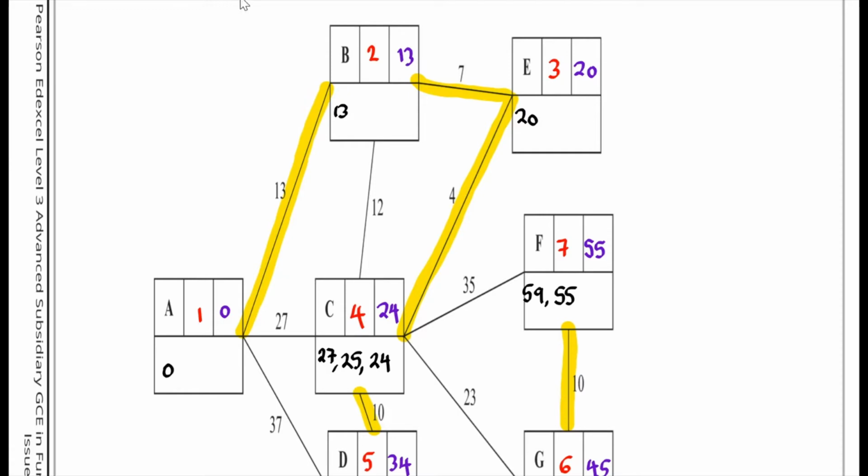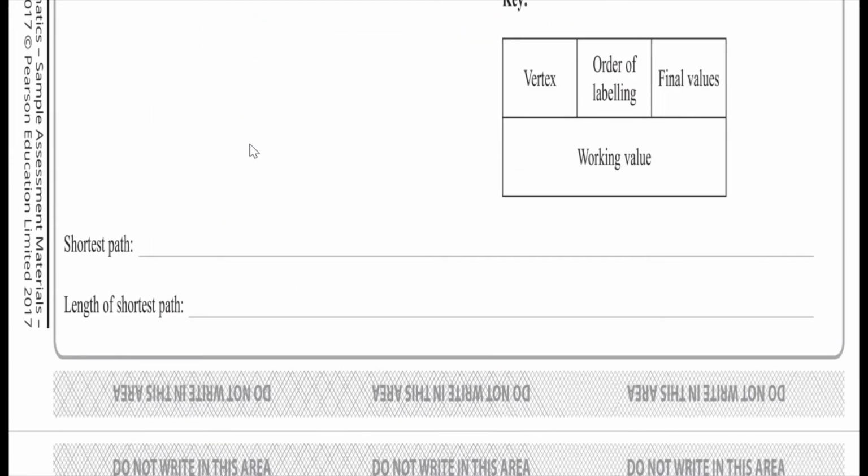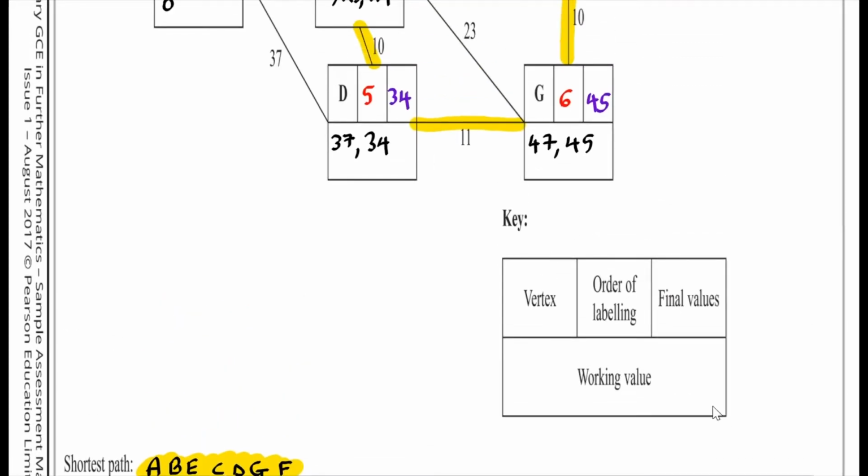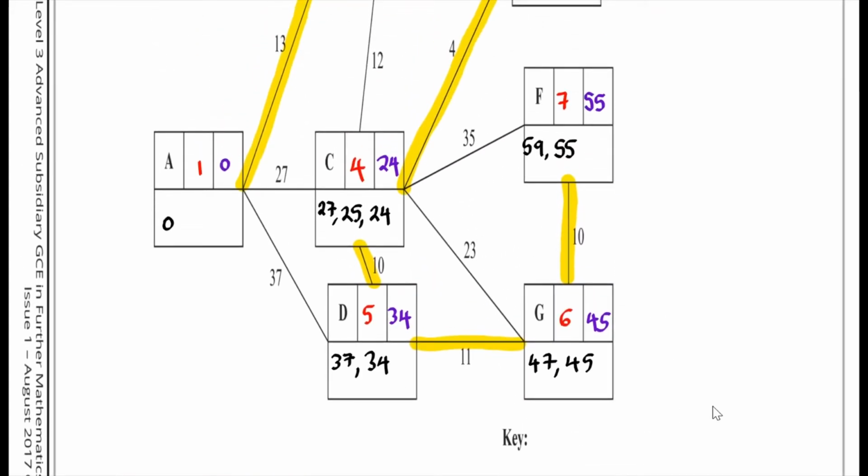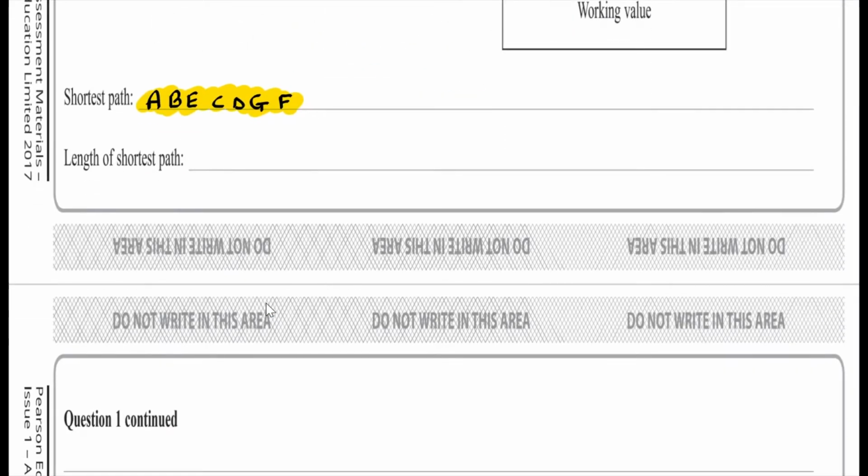So therefore, in terms of our shortest path, we have A, B, E, C, D, G, and F. So this is our shortest path, and in terms of the length of the shortest path, you'd find that to be 55. Okay, so we have 55 as the length of the shortest path.